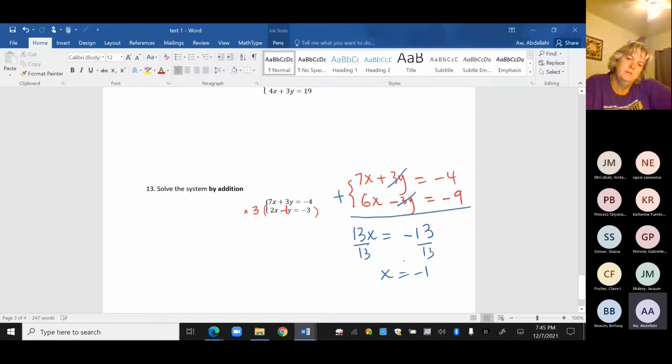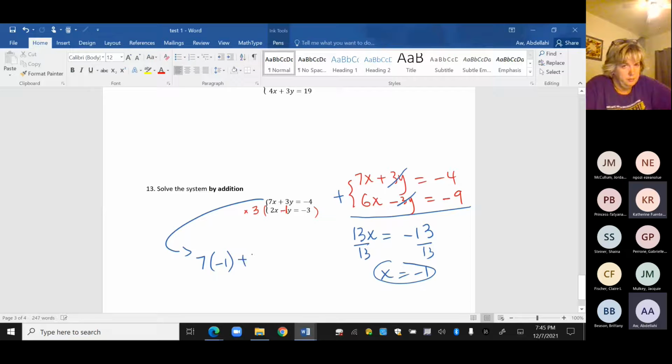Now, once we get x equal negative 1, we take that value, we plug in that value anywhere here we want to get the y. The first equation or the second equation, doesn't matter. Okay? Let's take the first equation. We get 7 times negative 1 plus 3y is equal to negative 4.